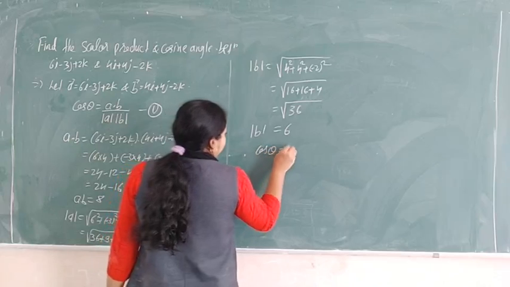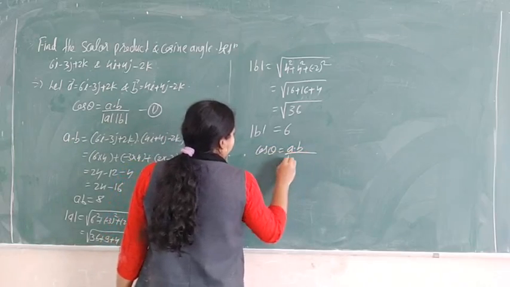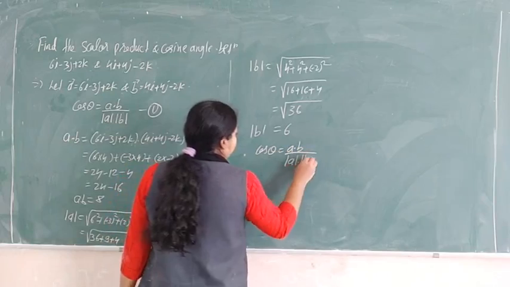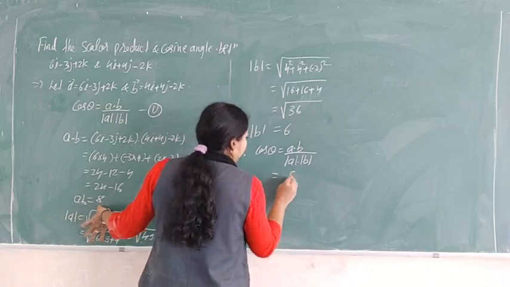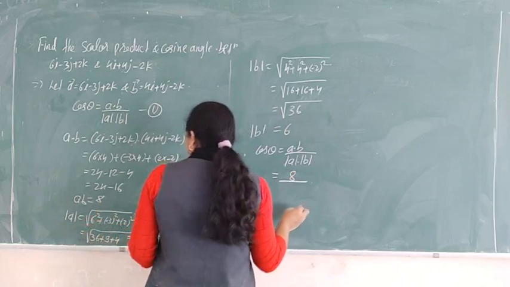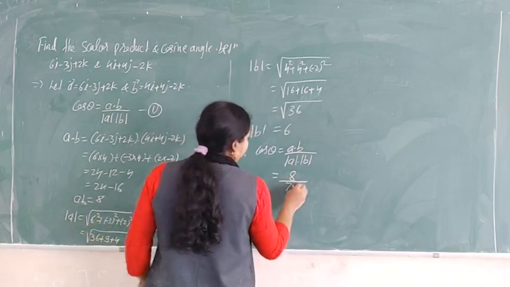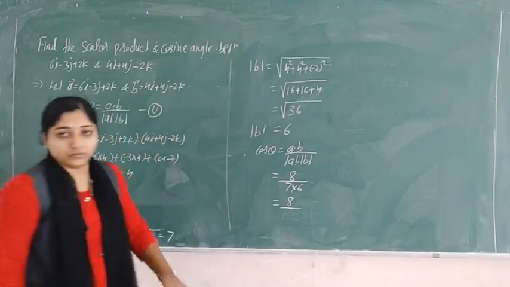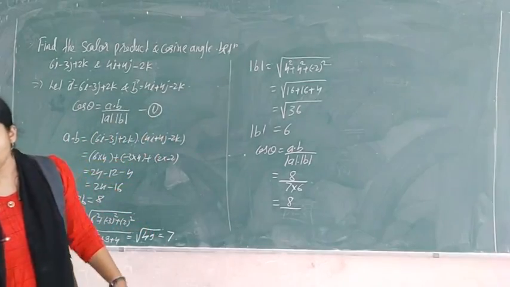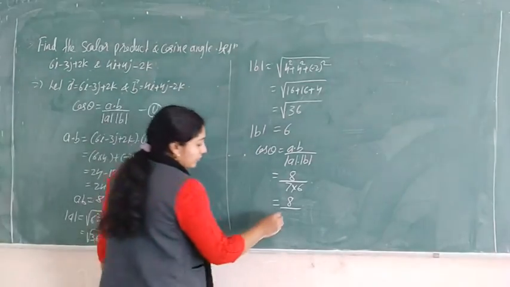Then we have cos theta is equal to A dot B divided by modulus of A modulus of B. What is the A dot B value? We have 8 divided by, what is modulus of A? 7, into modulus of B, 6. 8 divided by 7 into 6, you will get 42.